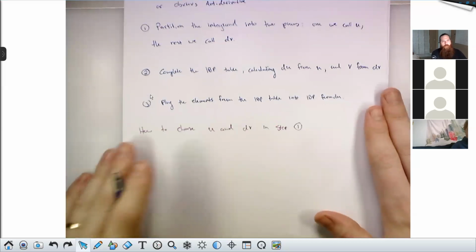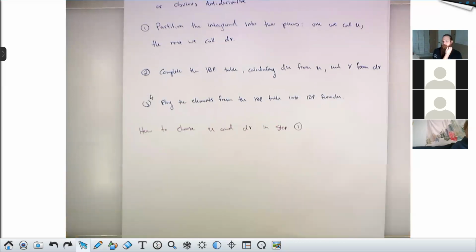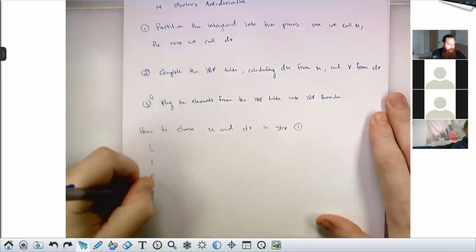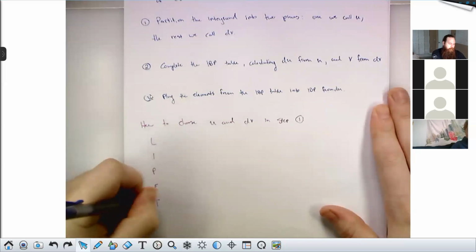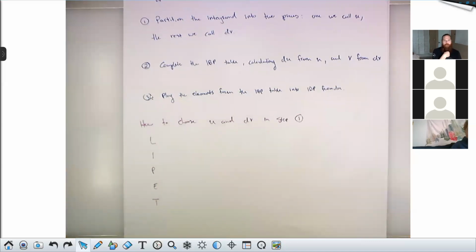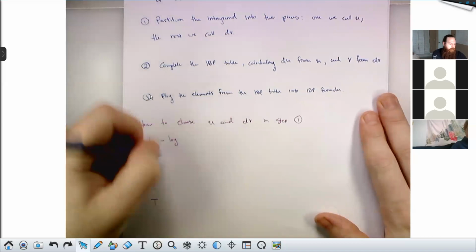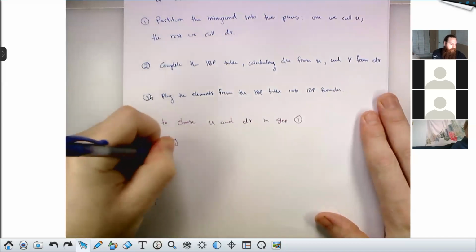Okay, so we're going to talk about how to choose u and dv in step 1. The rule here is called LIPET. L stands for logarithm, or log. I stands for inverse.